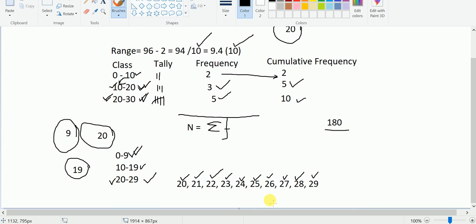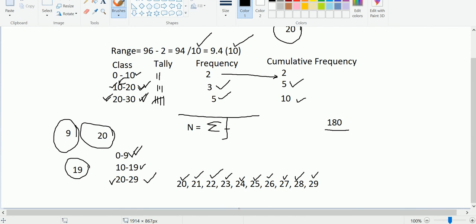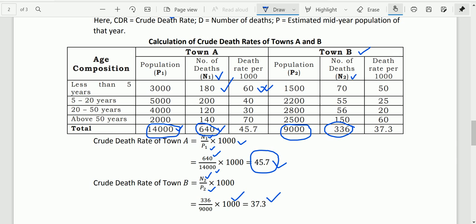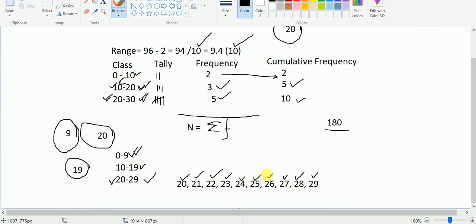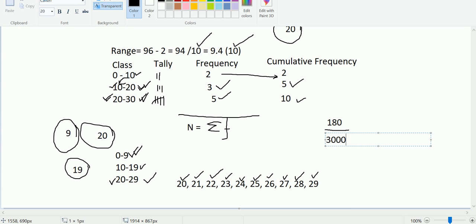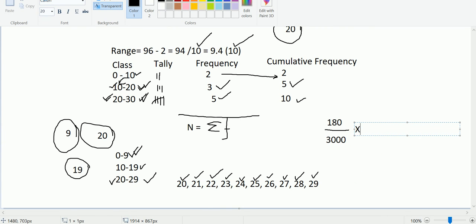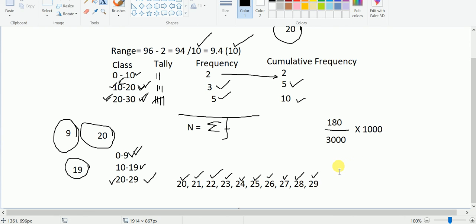So the death rate here is the number of deaths for the age group 0 to 5 is 180, and the mid-year population is 3000. Okay, so multiplying it by 1000, so we have to express it in terms of thousand.